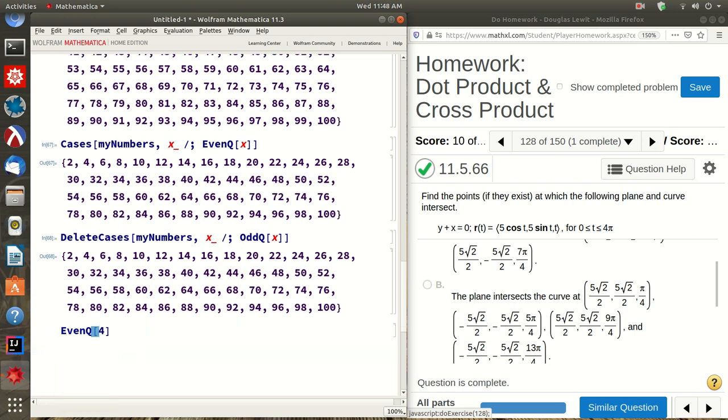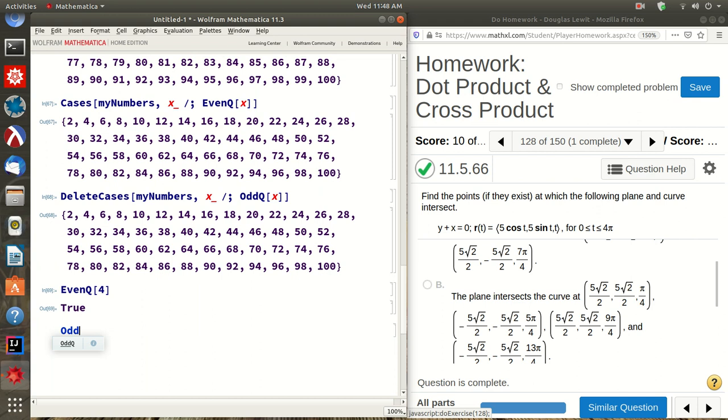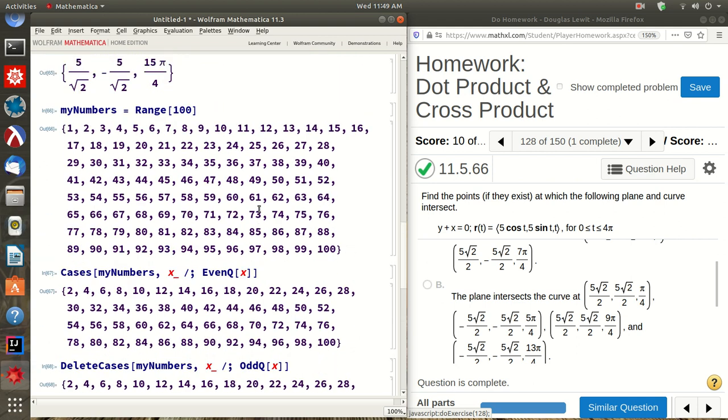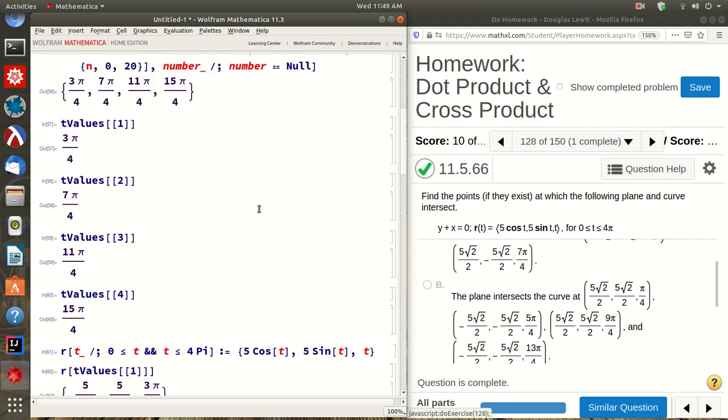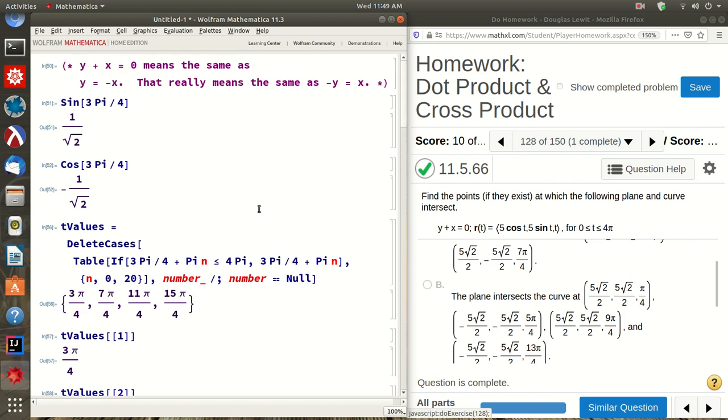Even Q 4, true. Odd Q 4, false. 4 is an even number, so even Q returns true, odd Q returns false. Okay, very simple, right?